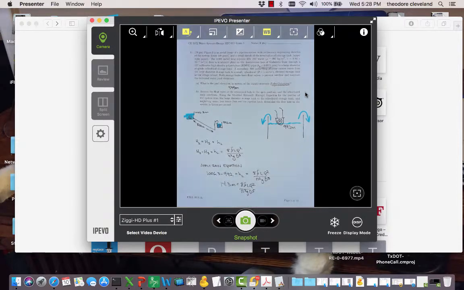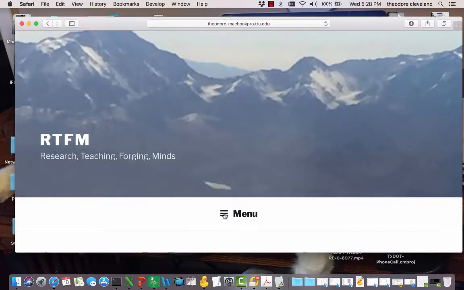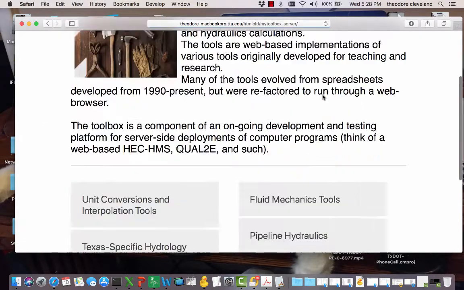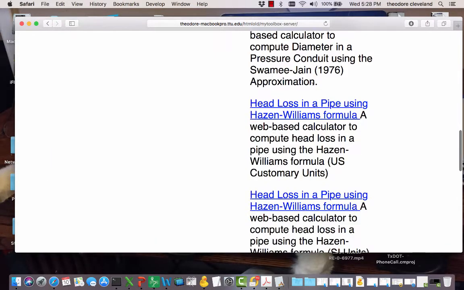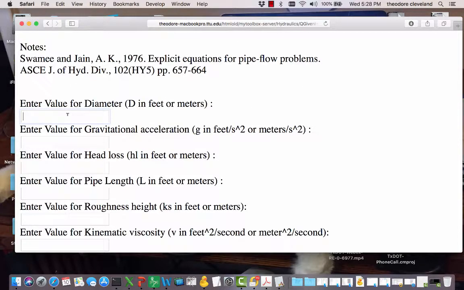And to apply the Jain equation, we can go to an online toolkit. Discharge given head loss, and enter the diameter, enter the gravitational acceleration, enter the head loss, 14.3 meters, enter the pipe length, 800 of them, roughness height 0.0000015.